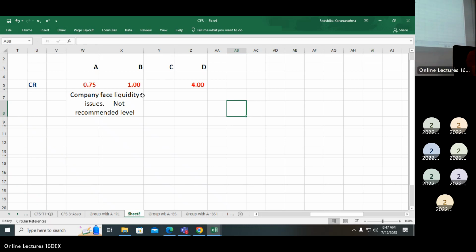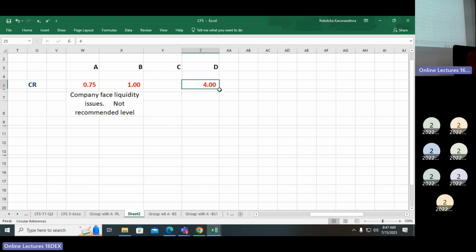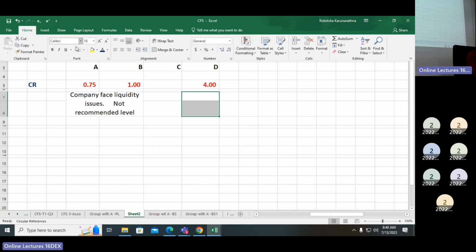So when you have a current ratio of 4, that means to settle 1 rupee current liability, you have 4 rupees worth of current asset. That means will the company face liquidity issues? No liquidity issue, right?